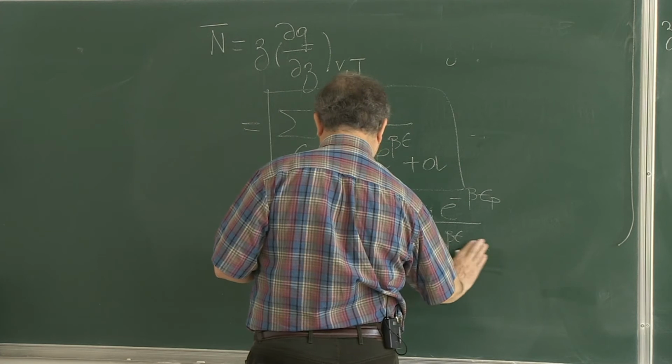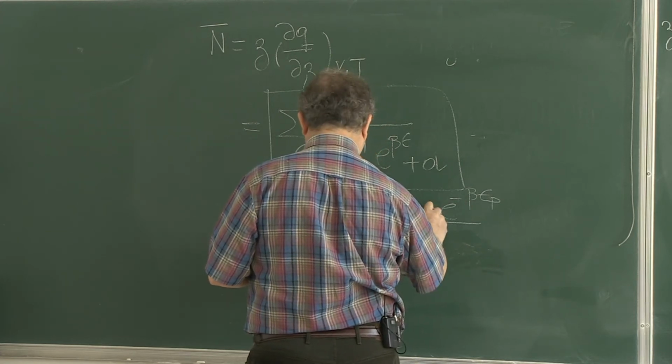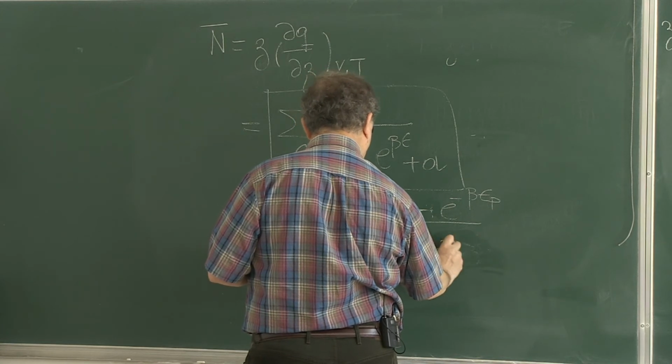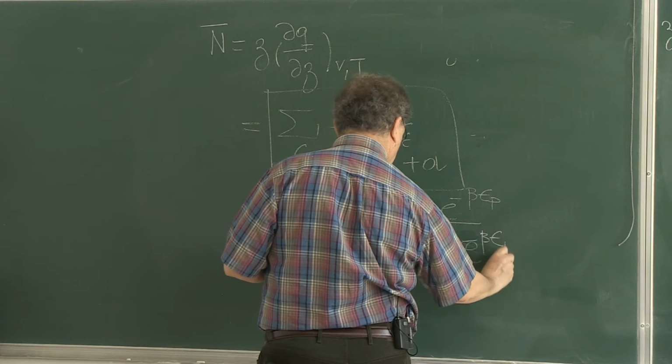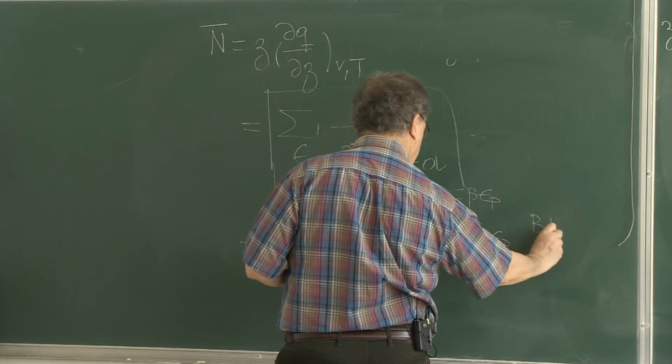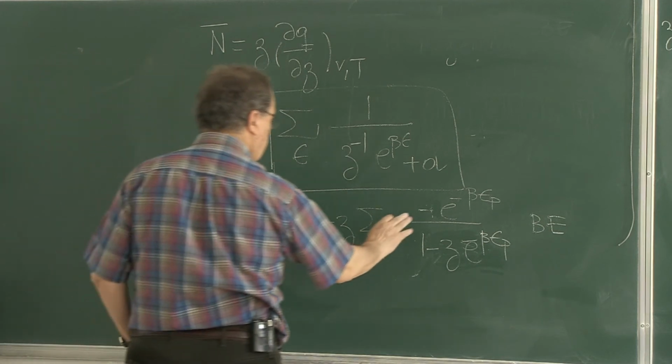We are doing something wrong. Instead of this, let's write that explicitly. 1 minus Z e to the minus beta epsilon P for Bose-Einstein. That's negative.